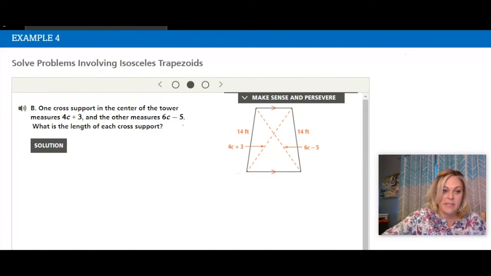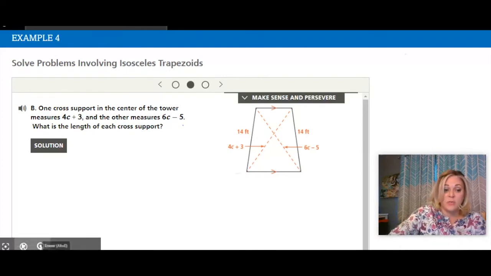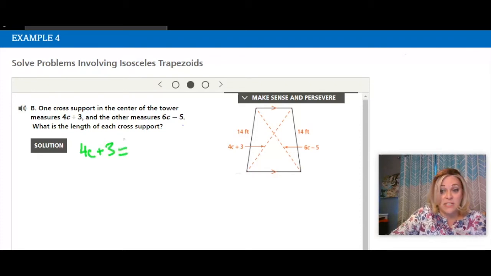The second part, part B: one cross support of the center of the tower measures 4c plus 3, and this is the other measure. What is the length of each support? We should know this is an isosceles trapezoid, so those diagonals should be congruent. So I'm going to write 4c plus 3 needs to equal 6c minus 5. Let's get those c's together.